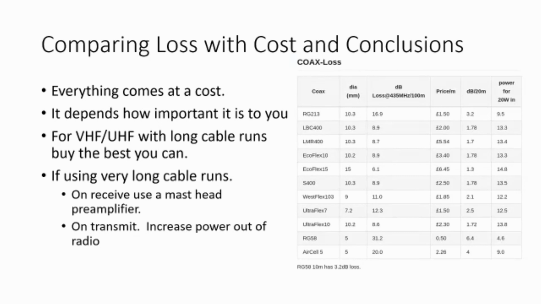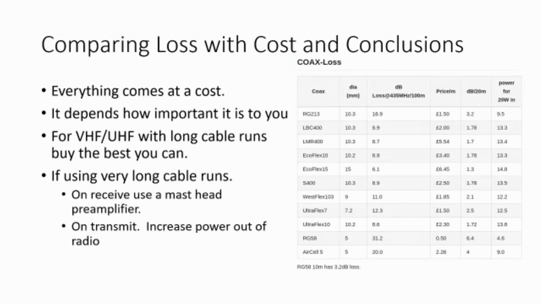On the right hand side there, we've got a little table which is showing different cable types and their loss for a 20 meter length at 435 megahertz. So RG213 is the very first one there. It has 16.9 dB of loss per 100 meters.